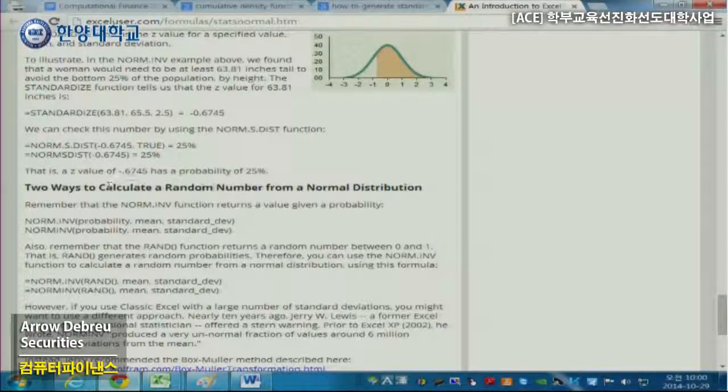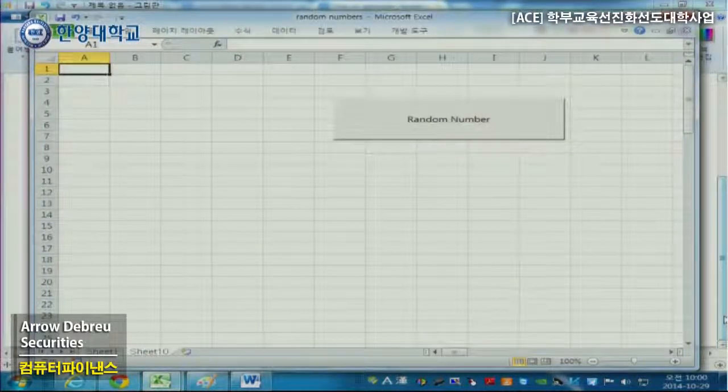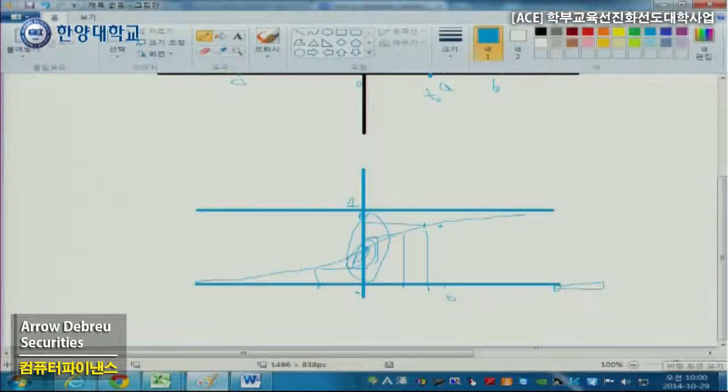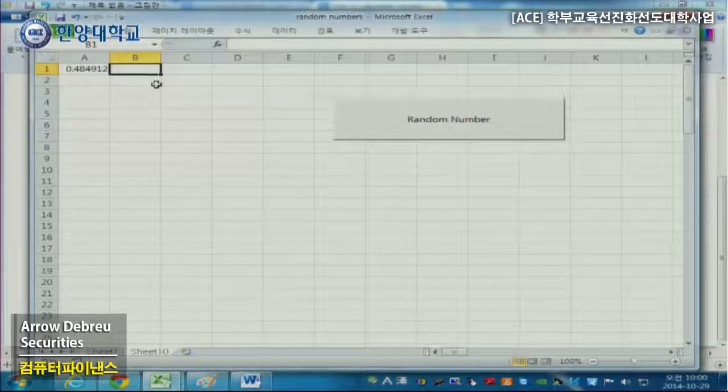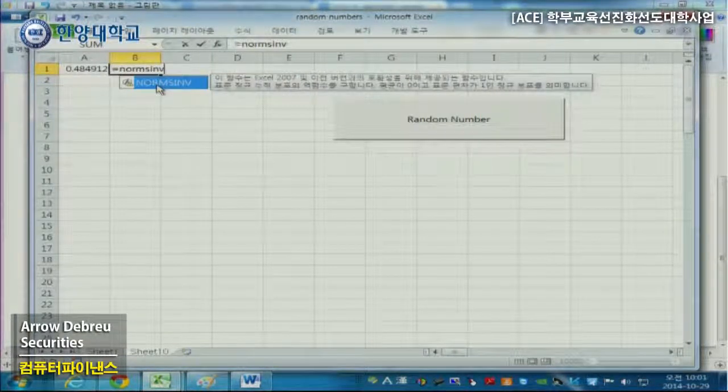Okay, two ways to calculate a random number from a normal distribution. In Excel there is basically a NORM.INV function. First I generate a random number, and then I find the inverse image of this one. In Excel, the inverse of the cumulative standard normal distribution is called NORM.S.INV, where N is normal, S means standard, and INV is the inverse function.